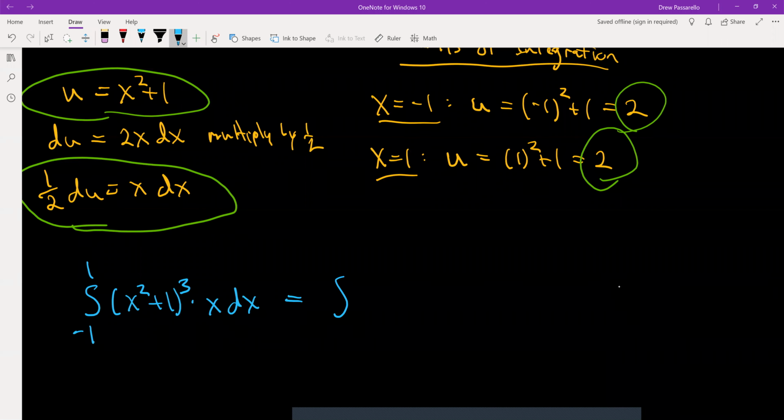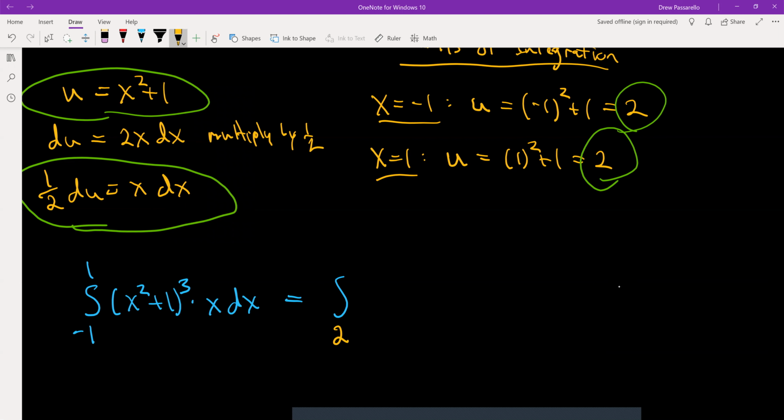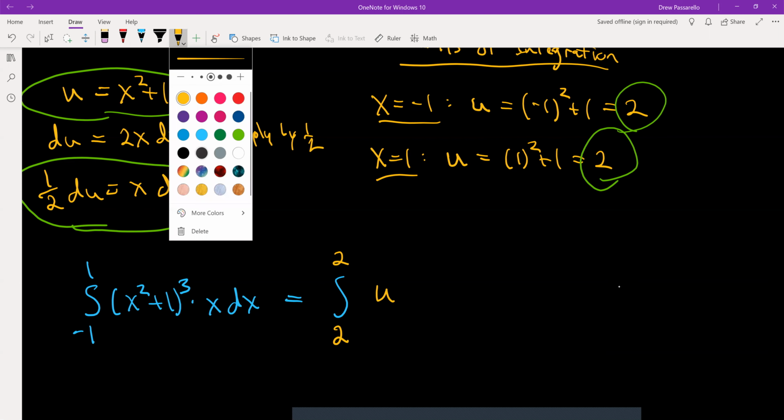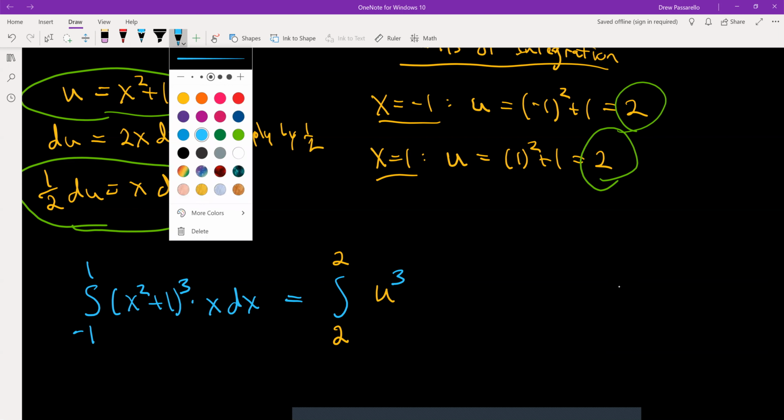So that's going to be the -1 to 1. Those both happen to be 2 in this case, so we have 2 and 2. Then x squared plus 1, that is u. So that'll be u cubed. And then x dx, well, that's 1/2 du.